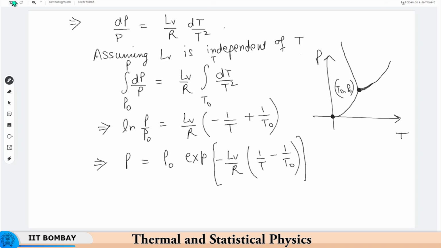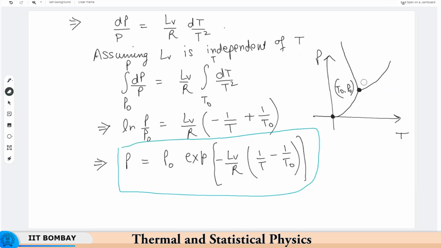So, basically what I am saying is, this equation that we have derived in this blue box, okay, basically represents the equation of this phase boundary which separates the liquid and gas phase, right.